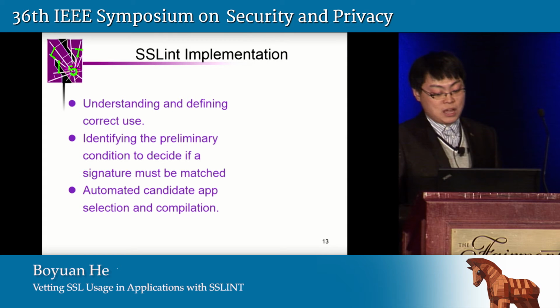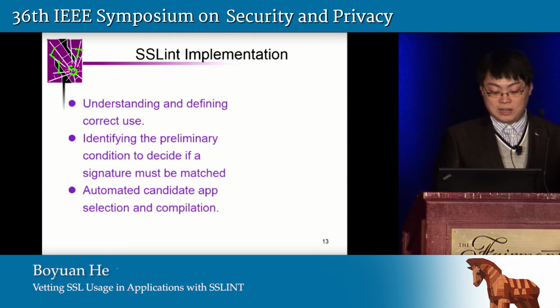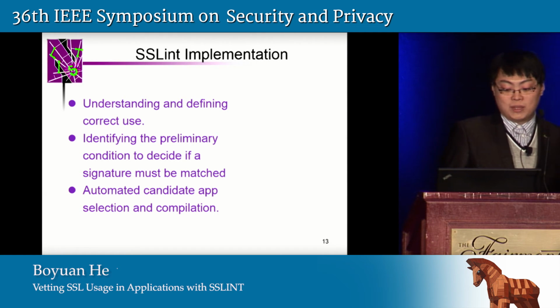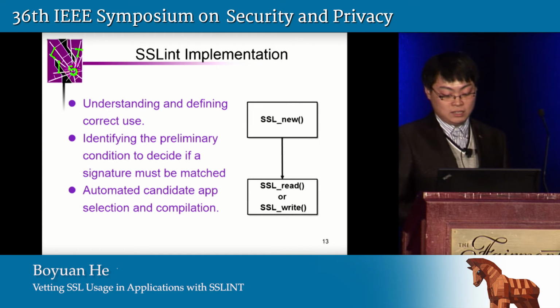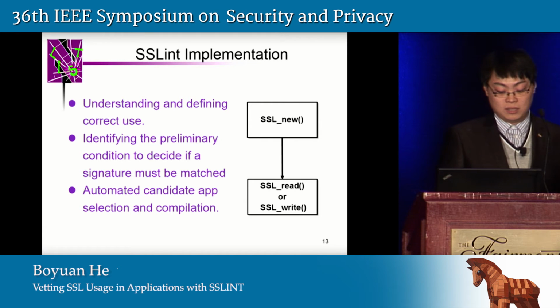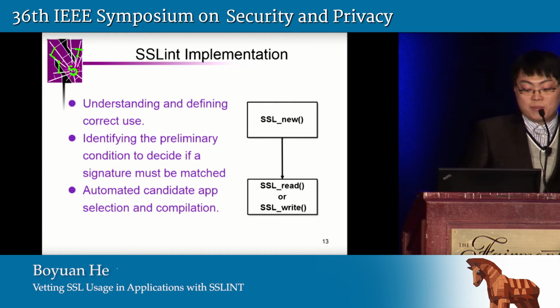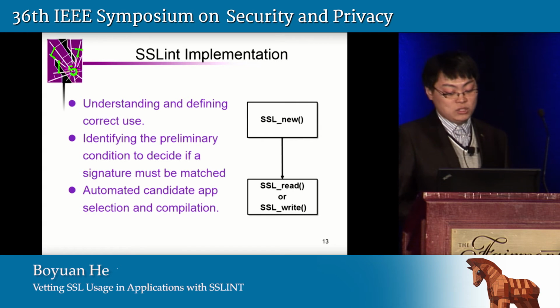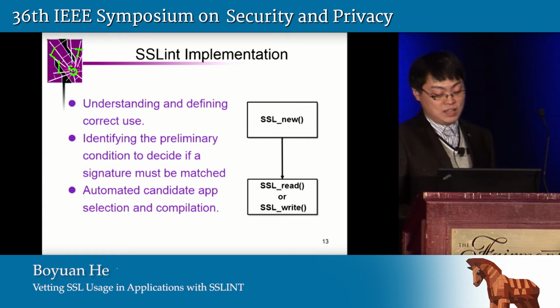For example, in our OpenSSL signature shown on the last page, the data flow from the SSL_new API to the SSL_read or SSL_write API must be captured before the PDG-based signature is matched. The last one is, from an OS distribution, we need to identify and select candidate apps using SSL libraries and successfully compile these apps for our analysis.